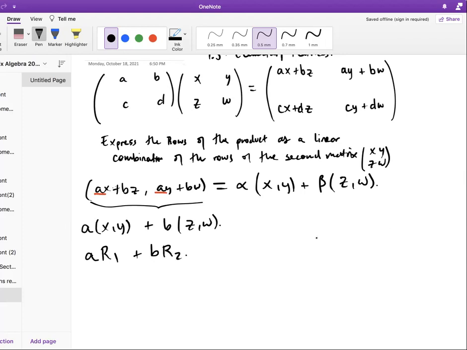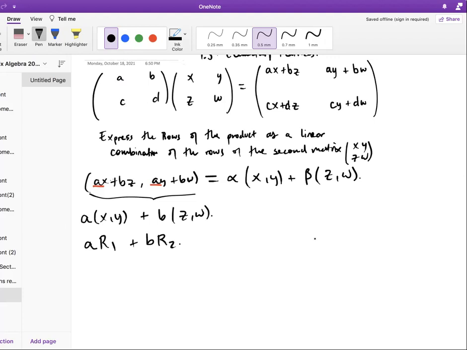So while we're here, can someone say what the second row would be? How can you express CX plus DZ and CY plus DW as a linear combination of the rows?